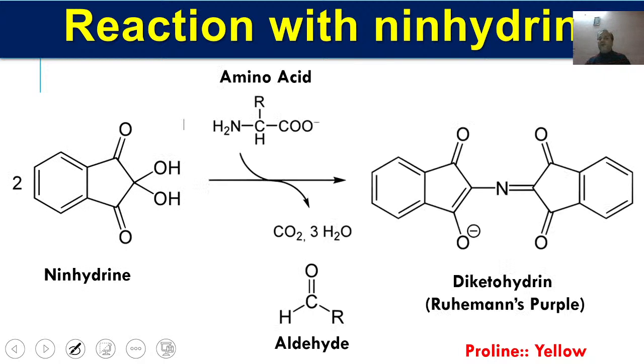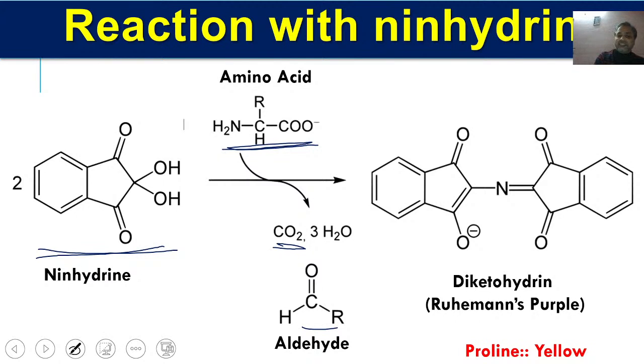So this is the overall chemical reaction. Two molecules of ninhydrin react, one molecule in the first reaction, the second molecule in the second reaction. So two molecules of ninhydrin react with the amino acid, which is divided into carbon dioxide, aldehyde and ammonia.